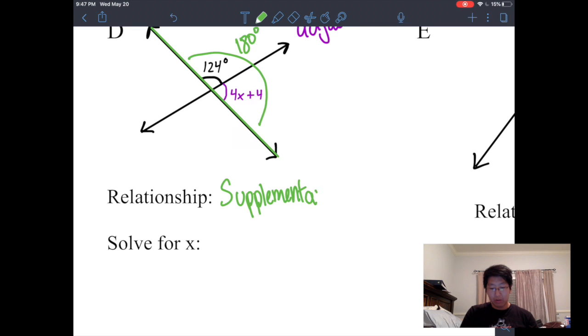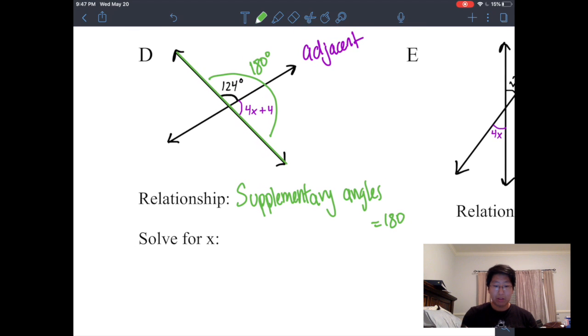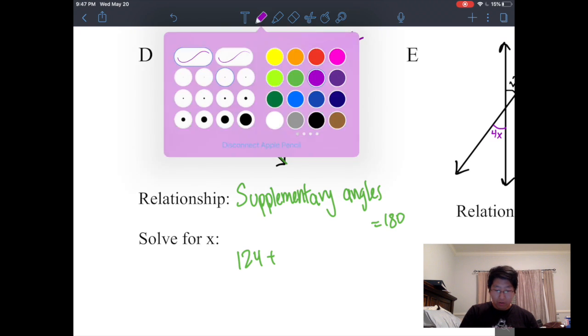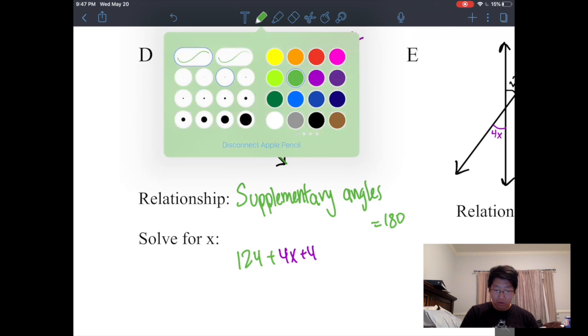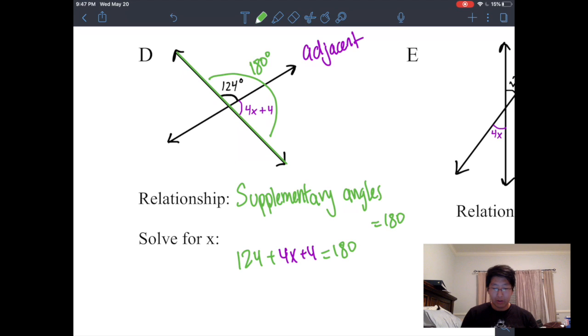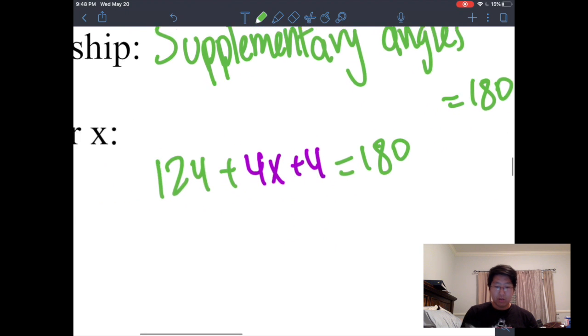So supplementary angles. And what we're going to do here is solve for x. We're going to make it equal 180 when we add those two together, because that's the relationship that they have. So 124 plus 4x plus 4, that's all going to equal 180. Now I'm going to combine like terms.